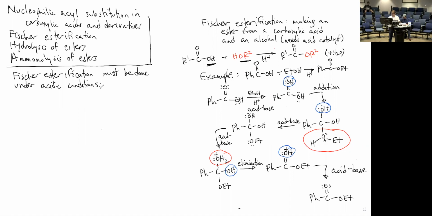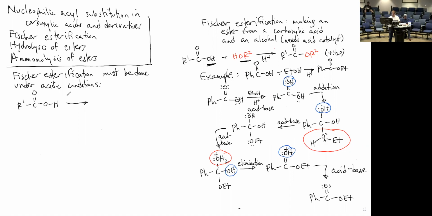Let's consider what would happen if we tried to do something like this under alkaline conditions. Let's say that we took some carboxylic acid. We'll just take this one over here, R1CO2H. There's our carboxylic acid.